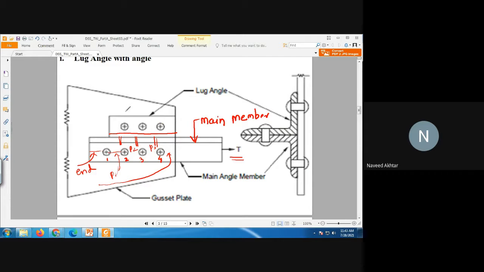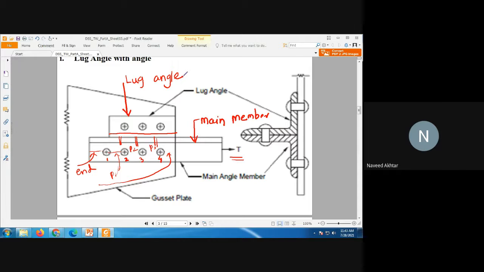So this additional angle, when you are providing it, is called a lug angle. This additional angle is called a lug angle. Okay, so you should take care of this.